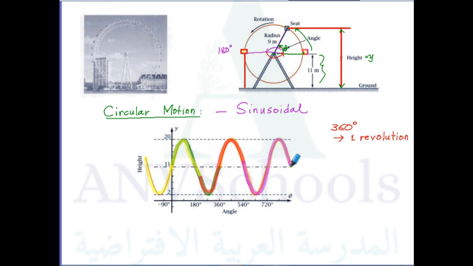Okay? And these are given by the sinusoidal movement. Okay? So what do we mean when we speak about theta? Theta is a Greek letter. Okay? It's a Greek letter.